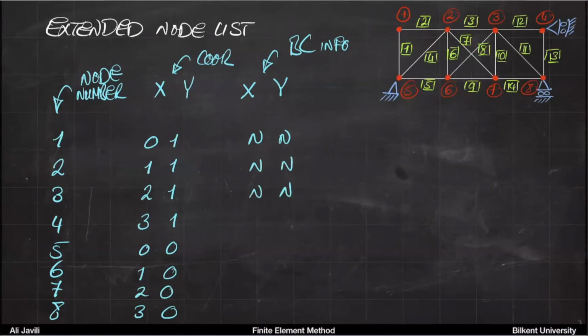At node 4, it cannot move in the x direction, so it's Dirichlet, the displacement is fixed. And then Neumann in the y direction. And then at node 5, it is fixed in both directions. So it's directly here. Then you have again Neumann directly.